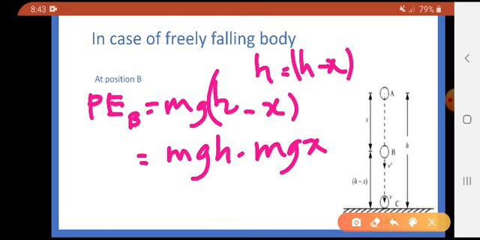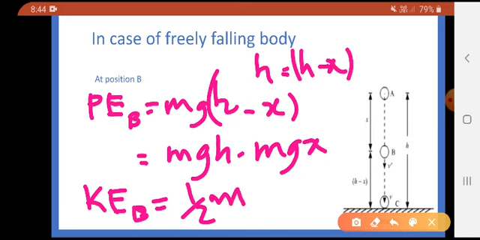So now I have to find the kinetic energy. Kinetic energy at B equals half m v_B squared. The velocity at B is taken as v_B. What is the value of velocity at point B?